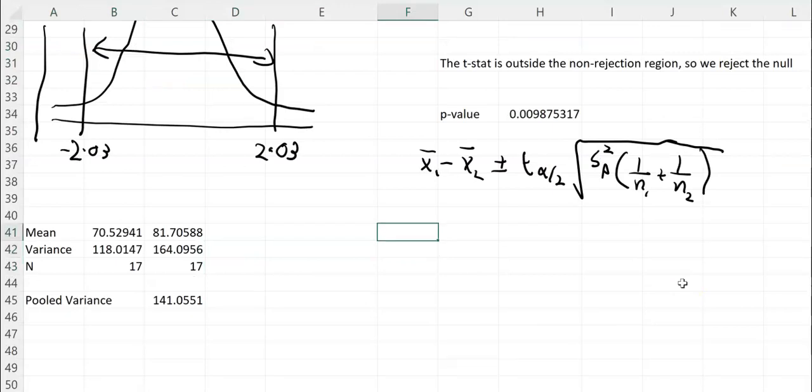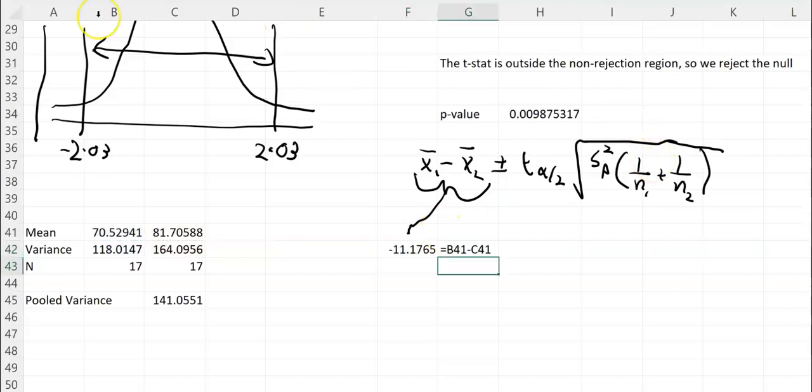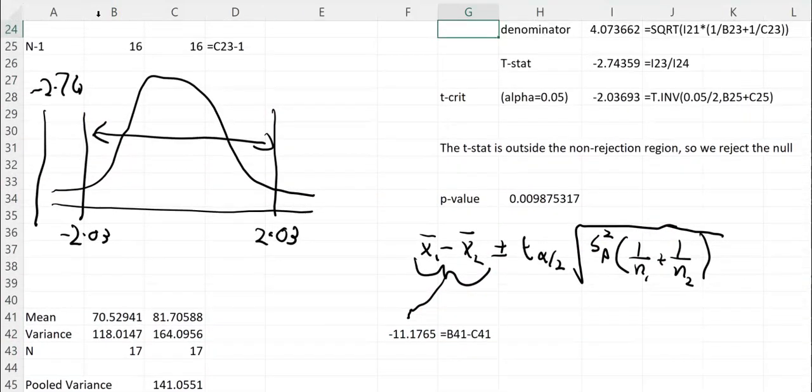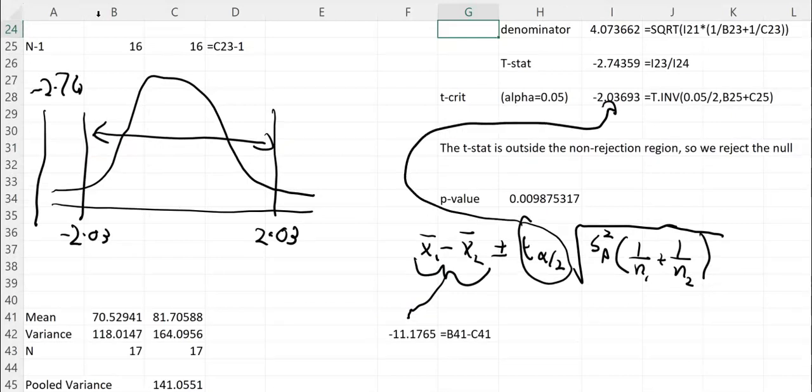That is going to be just 70 minus 81, which we find out. The t alpha over 2 that we have is the critical value, so this number is actually going to be right here.